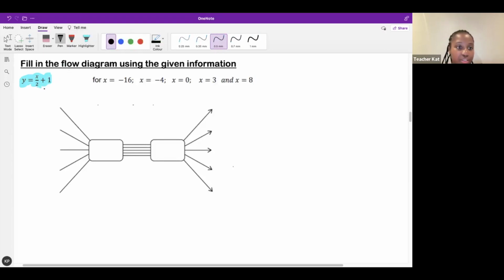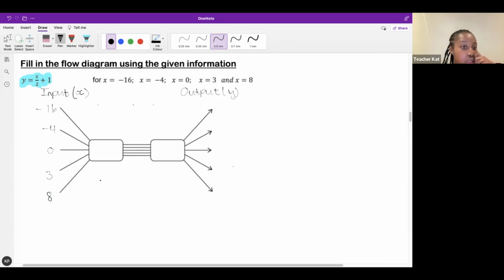They're going on the left. Okay, so remember this side is my input or x. So this side will be my output or y. Okay, so I'm going to write all my inputs down on the input side. So I have a negative 16, negative 4, a 0, a 3, and an 8.